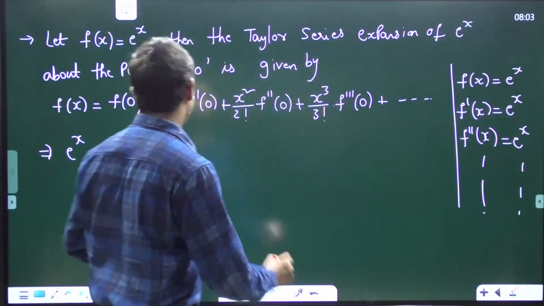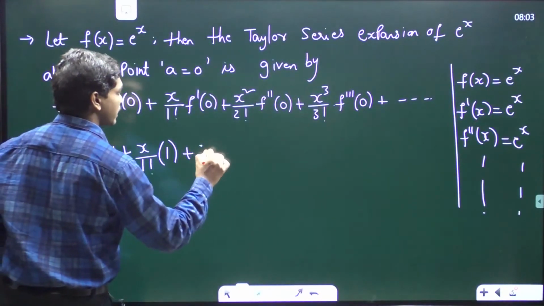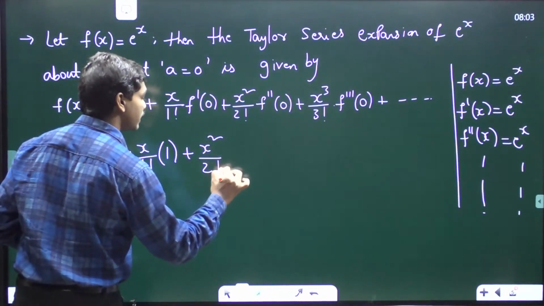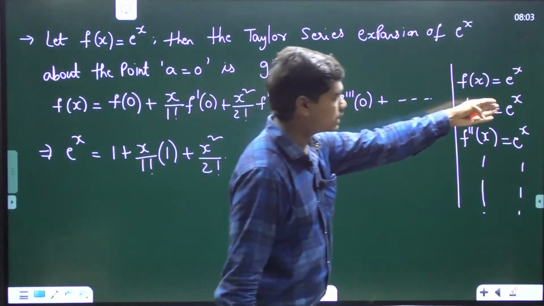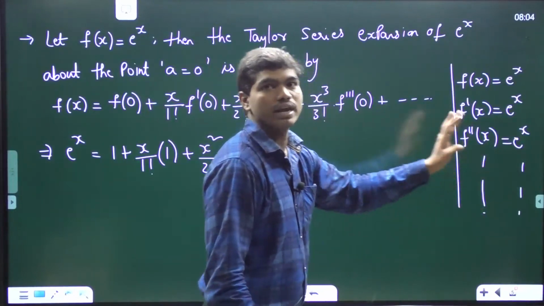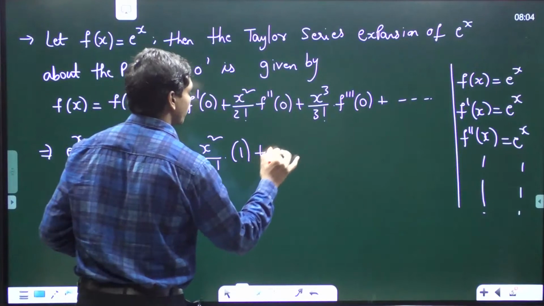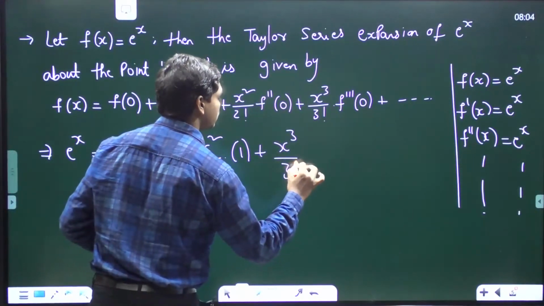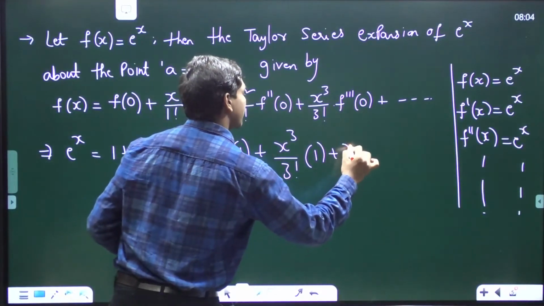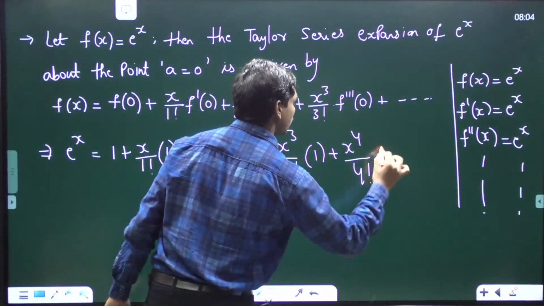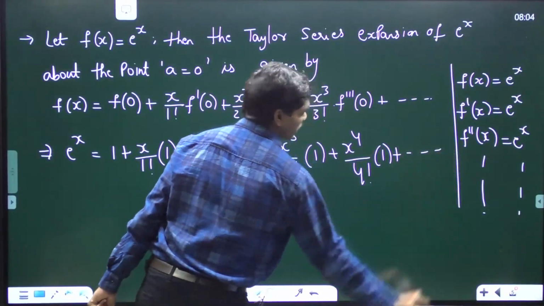E power 0 is 1 plus x square by 2 factorial into, again doesn't matter, since all these functions are e power x, we have all the derivatives as 1 at x is equal to 0. So into 1 plus x cube by 3 factorial into 1 plus x power 4 by 4 factorial into 1 plus and so on, things like this.